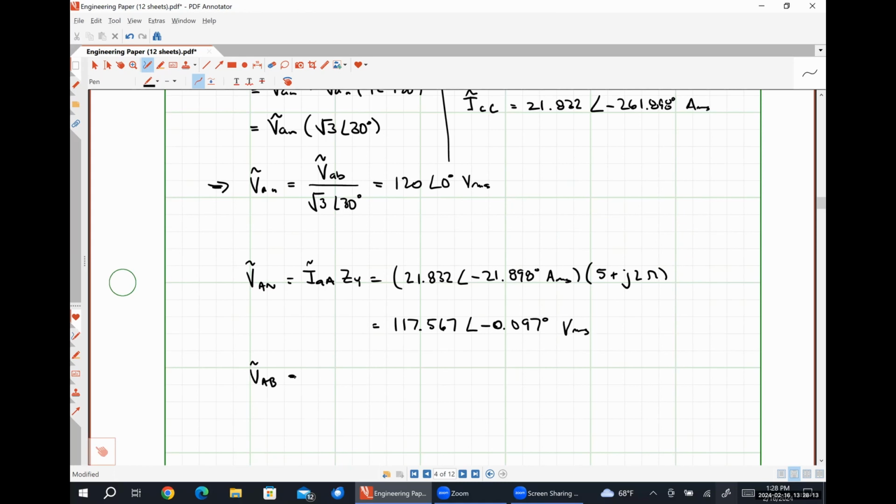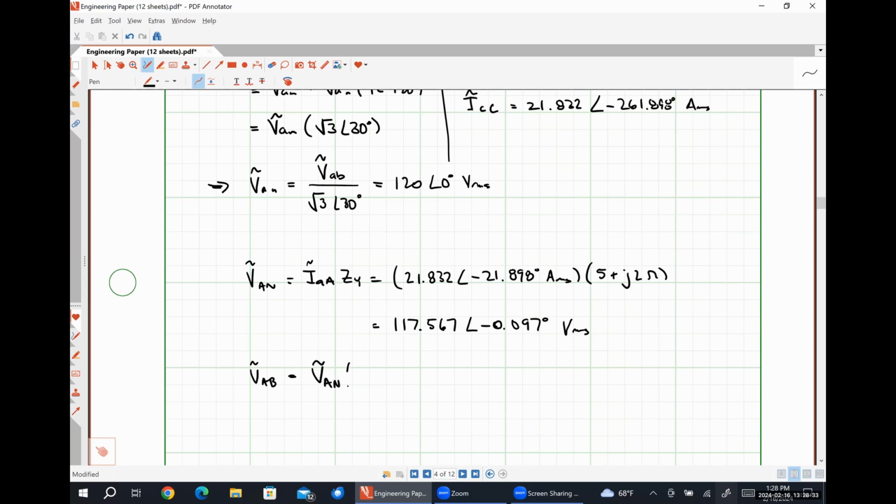From here, Holden, would you care to take a stab at what I'm going to have to use to convert? This time, instead of dividing by root 3 angle 30, we're just going to multiply by root 3 angle 30, because that's our conversion factor between a line voltage and a phase voltage for a Y-connected thing, right?